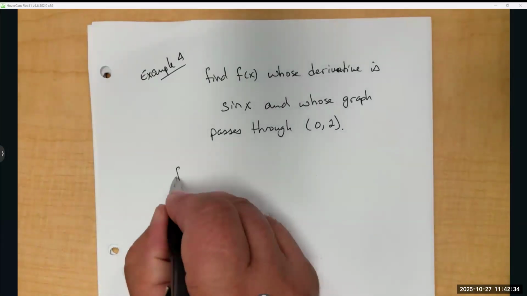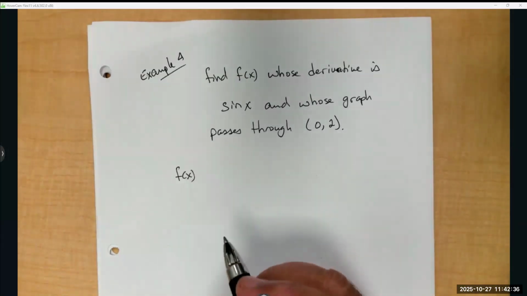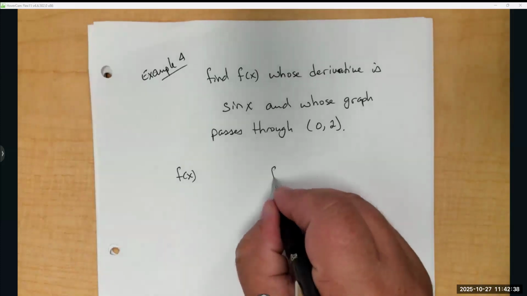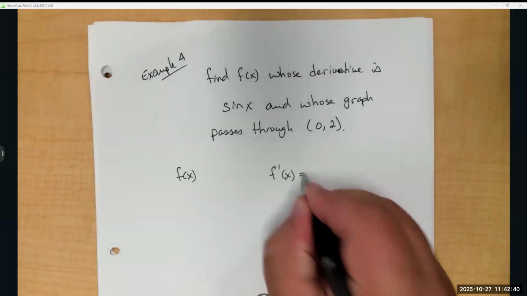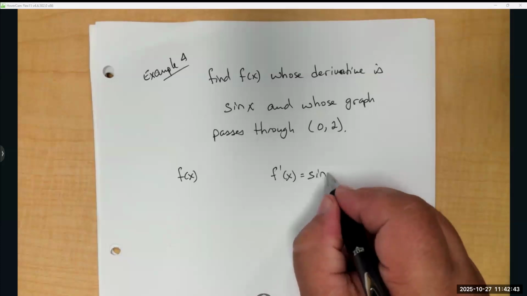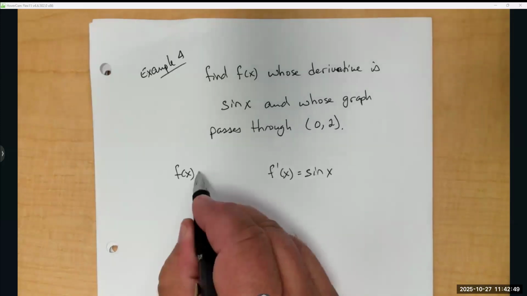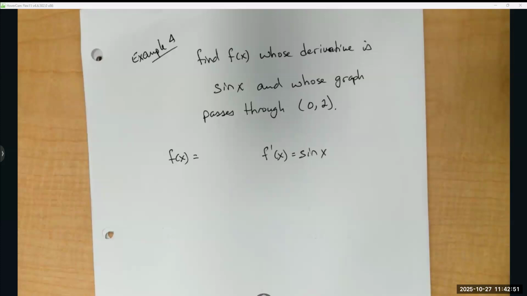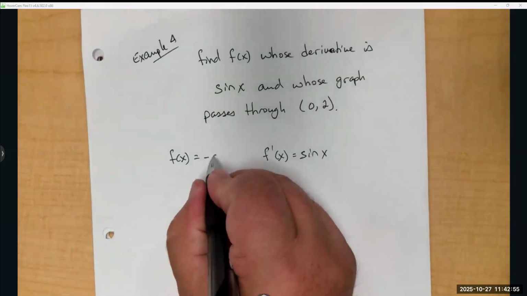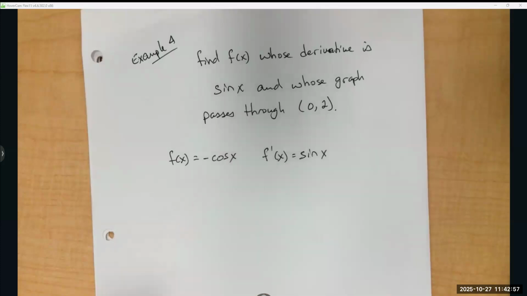So we have to find an f of x whose derivative is equal to sine x. So what function does that satisfy? Negative cosine.